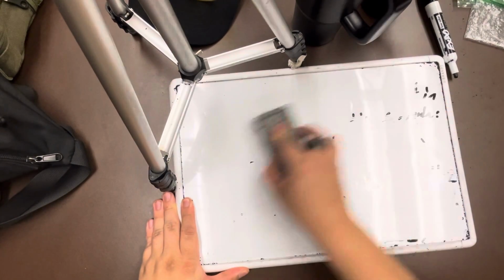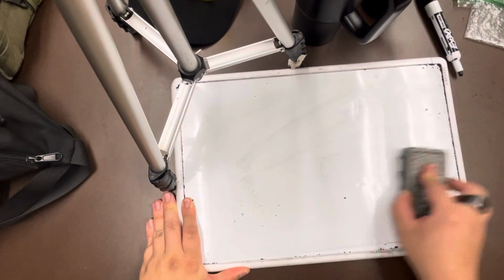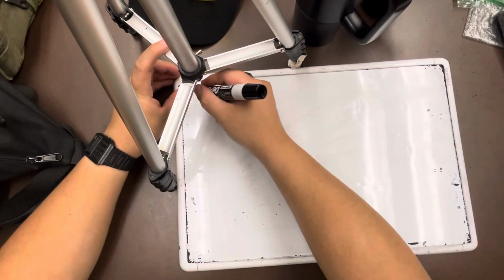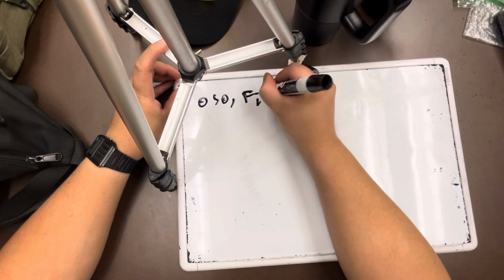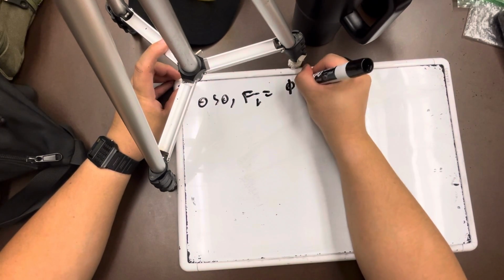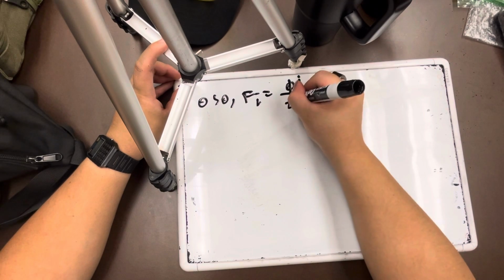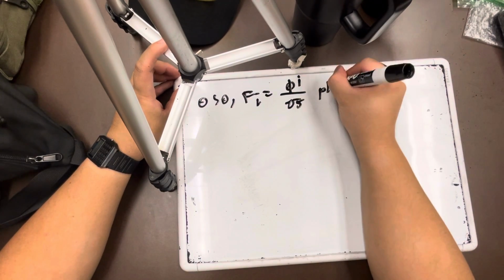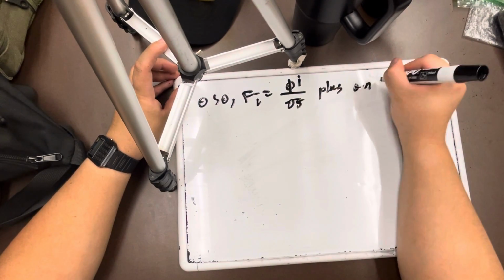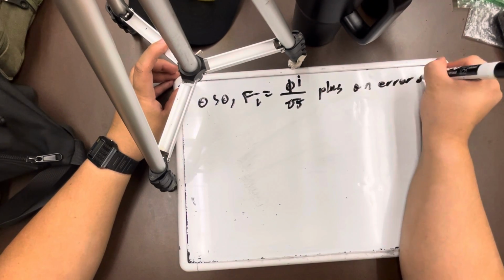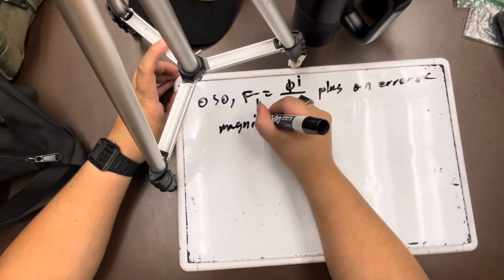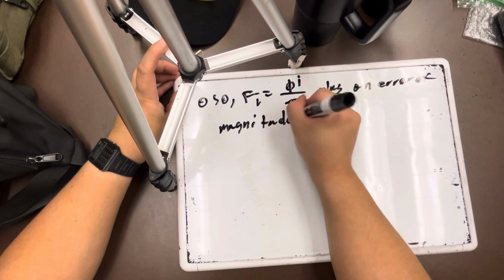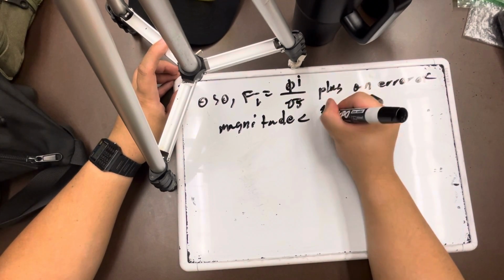Well, with all that in mind, we can say f sub i is equal to phi to the i over the square root of 5 plus an error of magnitude less than 1/2.